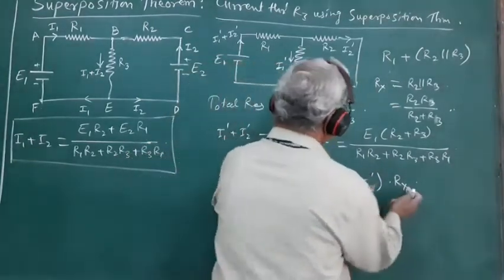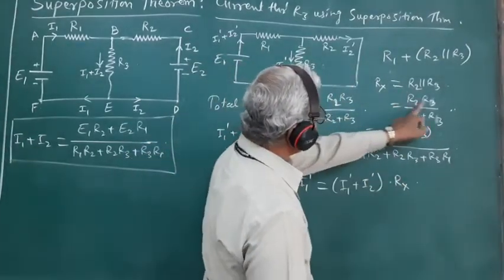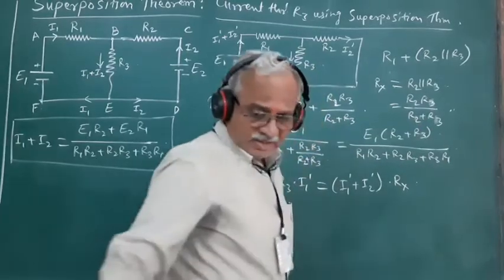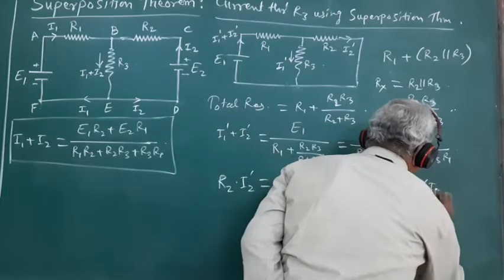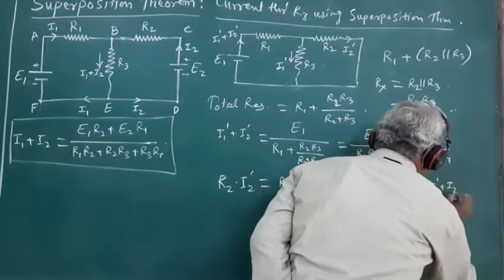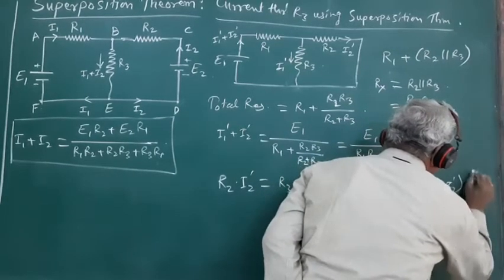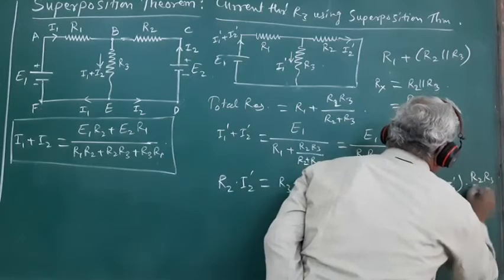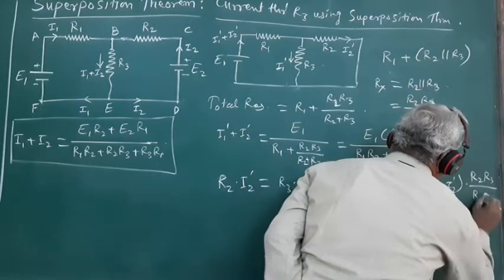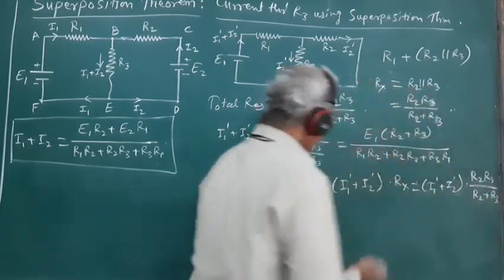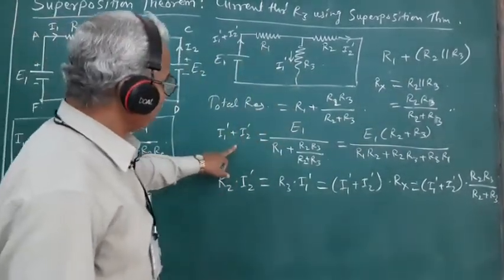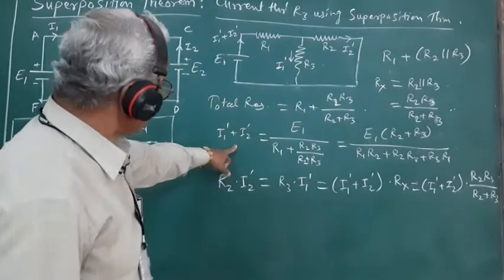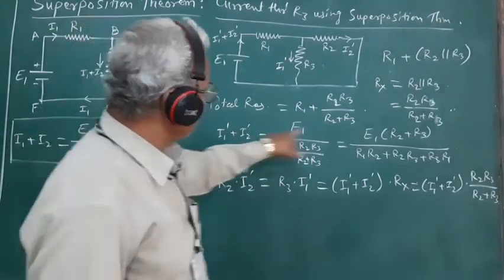So this Rx is nothing but equal to R2 R3 upon R2 plus R3. So this is equal to I1 prime plus I2 prime into R2 R3 upon R2 plus R3. And we have obtained the expression for I1 prime plus I2 prime. The expression for I1 prime plus I2 prime is this.